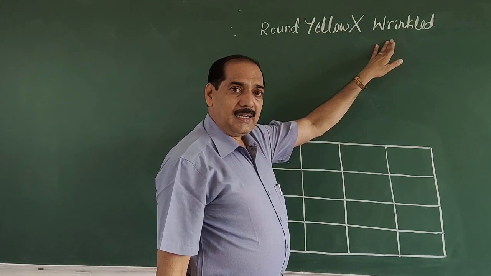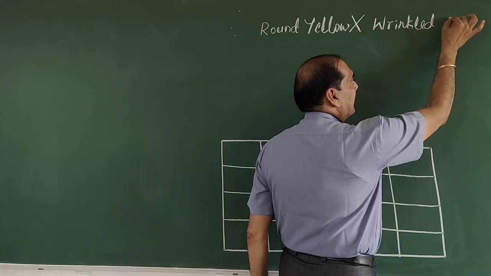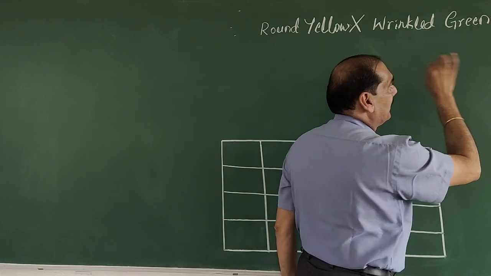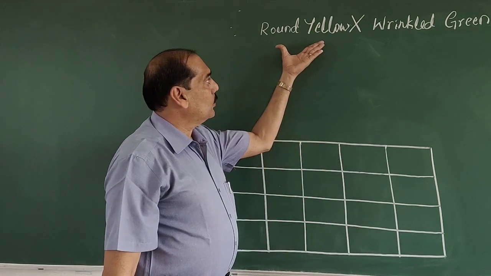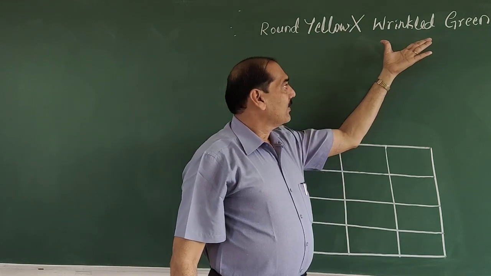Then this wrinkled variety of pea plant produces green seeds. Now we are crossing two different varieties of the pea plants.